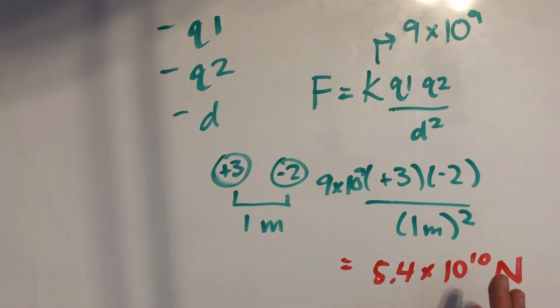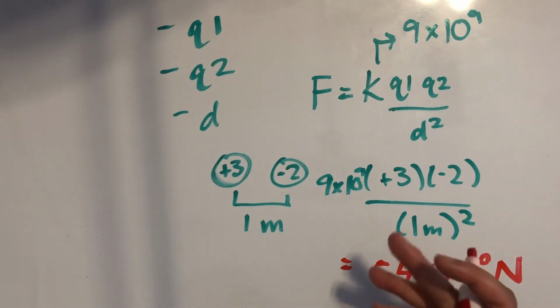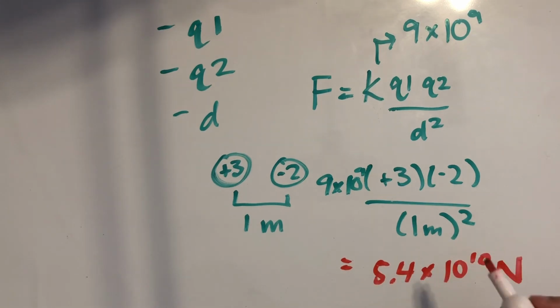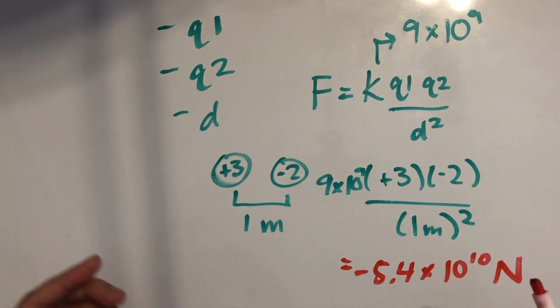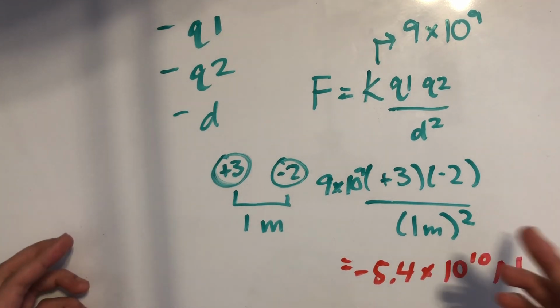So since they're oppositely charged, we know that the force between them is going to be attractive. And keep note that if you do plug in all the signs, a negative answer will mean that it's attractive, and a positive answer means that it's going to be repulsive because any two like charges will cancel out to give a positive number.